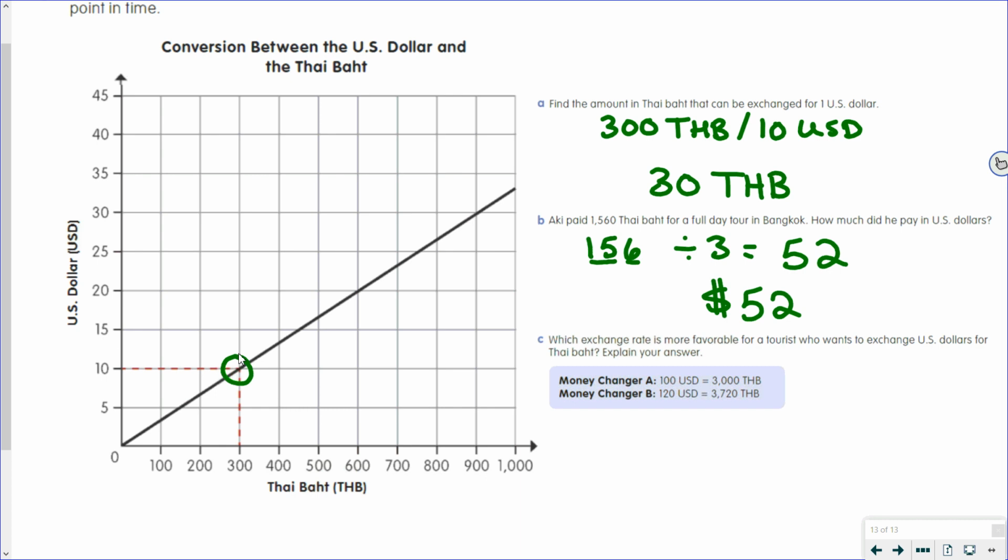And for part C, which exchange rate is more favorable for a tourist who wants to exchange US dollars for Thai baht? Explain your answer. So money changer A, 3,000 Thai bahts for every 100 US dollars. Well, if we get rid of those 2 zeros, for money changer A, it's 30 Thai baht.